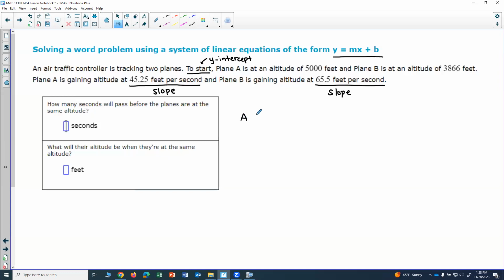So I'm going to go ahead and set up 2 equations, A and B. For plane A, I'm going to let the altitude be y. And for plane A, the slope is 45.25, so I'll have 45.25x.